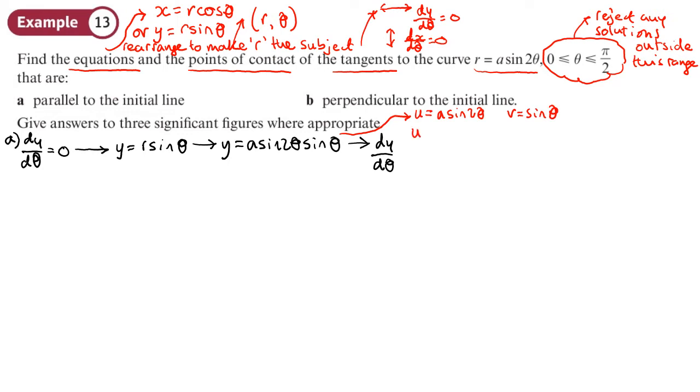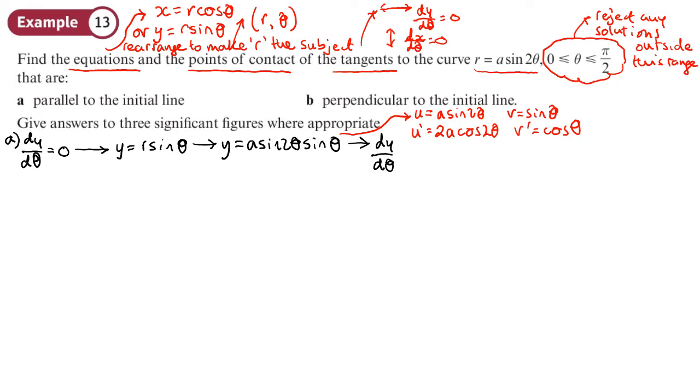So u dash will become 2a cos 2θ, because we are using the chain rule. You differentiate the sine to become cos, then multiply by the derivative of the inside, which is 2. And then v dash will just be cos θ.